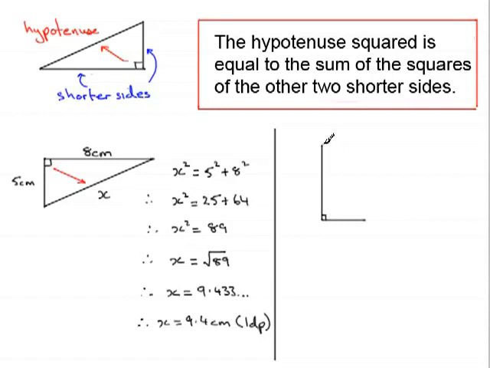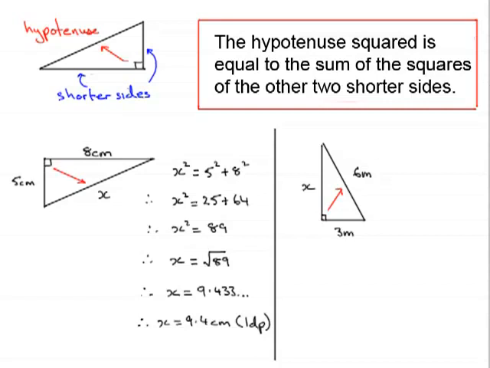And let's suppose that this length here is 6 meters and this length here is 3 meters, and we're asked to find this length over here, x. Now in this triangle, where is the hypotenuse? Well, the hypotenuse is the side opposite the right angle. So that would be this side over here, the 6 meters.